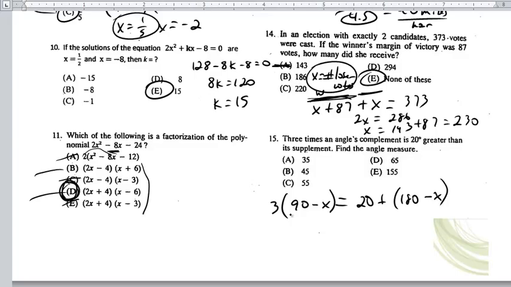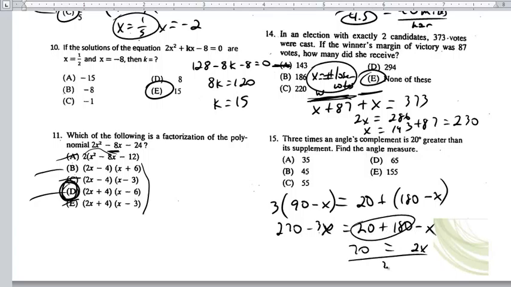And basically just distribute, so 270 minus 3x is equal to 20 plus 180 minus x. All right, so I'm going to move the 3x over, add 3x, so it gives me 2x over here. And this is 200. So I'm going to subtract 200, I get 70. Divide by 2, x is 35. Okay, so it's 35 degrees.